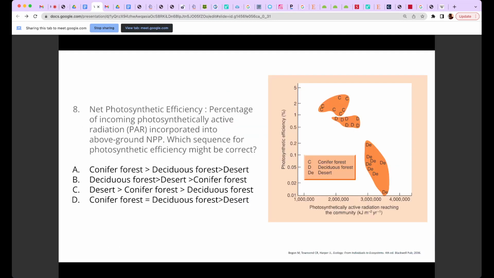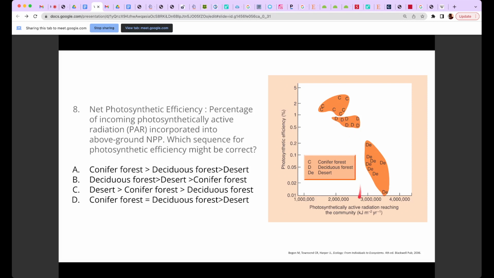Based on the figure that you see on your right, C has a very high photosynthetic efficiency, which is the conifer. D has the next photosynthetic efficiency, and desert has even less photosynthetic efficiency. But you can see on the x-axis you have the PAR. You can see that desert has more PAR than conifer or deciduous.